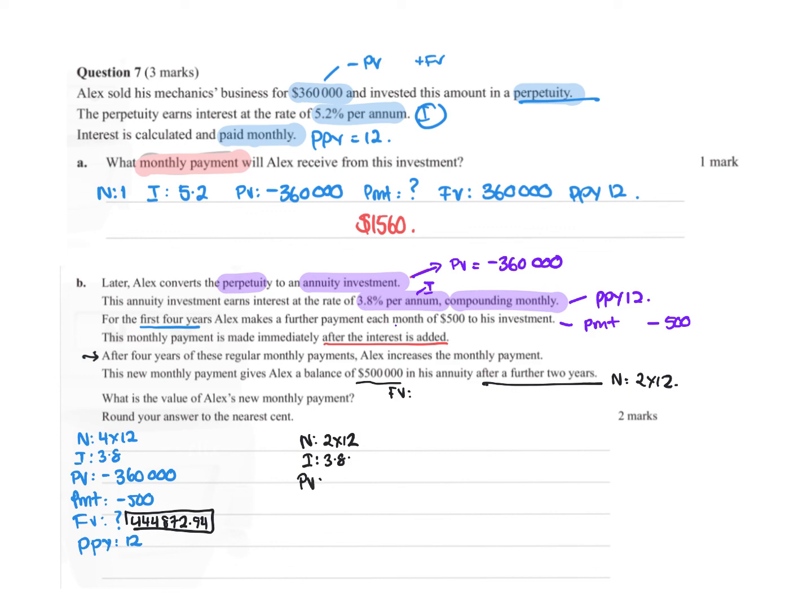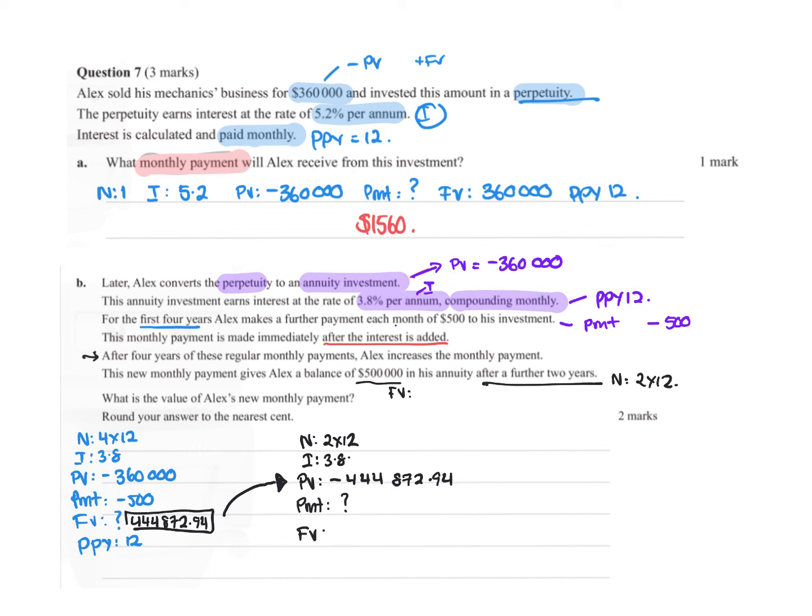Now the PV, this is the next scenario. So we're actually putting what he's gained up to into it, like pretending it's a new investment. So that has become a negative, so 444,872.94. The payment is the question. So that's what we're trying to find out.